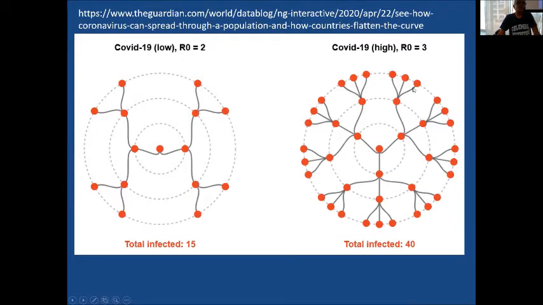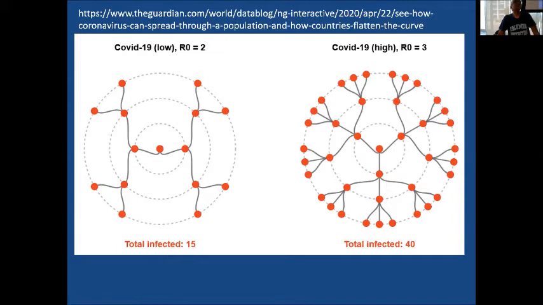But in fact, COVID-19 is a lot more active than that. Even the original virus that we all saw last year had an R naught close to 3, 2.8 or something like that. That means the index case now infects 3 people, and each of them infects 3 people, and so on. Now you can see after 3 cycles, with an R naught of 2 you end up with 15 people infected, and with an R naught of 3 you have about 40 people infected.